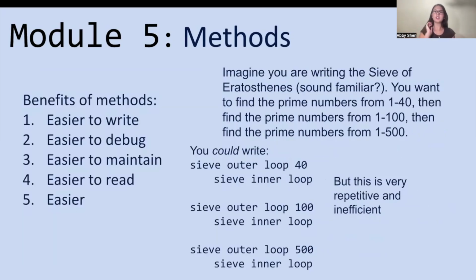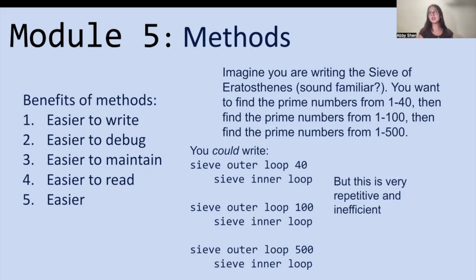So, like I mentioned, some benefits of methods. They're easier to write, kind of more packaged up and separated from each other. They're easier to debug because you can, again, have that separation of different parts of your code that make it easier to see where something's going wrong. Easier to maintain, where if you have a repeated chunk of code that you're calling multiple times with a method, if you need to update one part of that and you need to update each time it's called, you just need to update the method once, and all the different times you call it will then be updated with that update of the method.